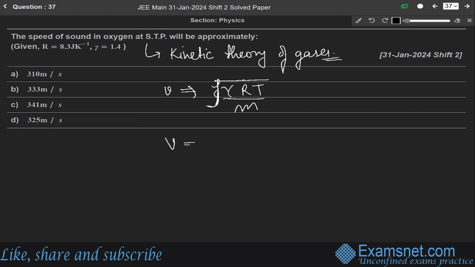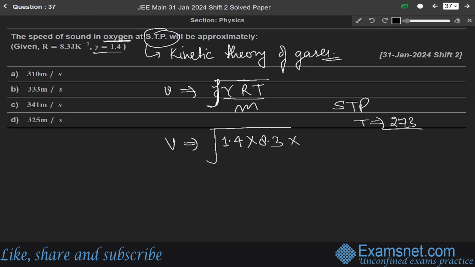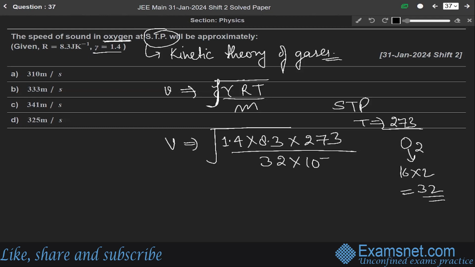So V will be the square root of gamma R T by M. This is oxygen, and gamma is given as 1.4. R is the gas constant, 8.3. STP means we have to use the value of T as 273, over M. M of oxygen, O2, is 16 into 2, which equals 32 grams, so it will be 32 into 10 to the power minus 3.